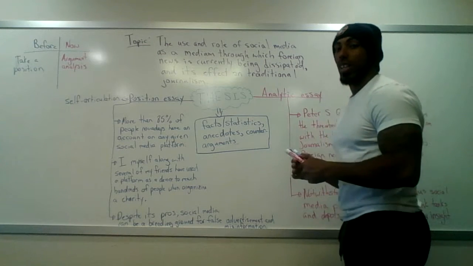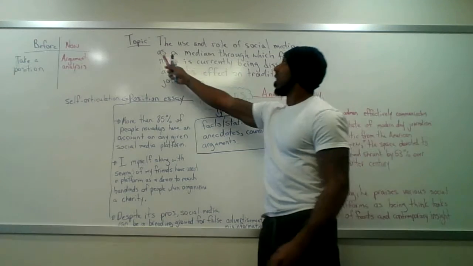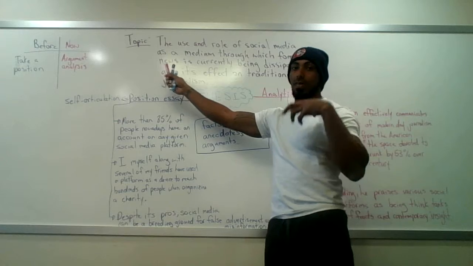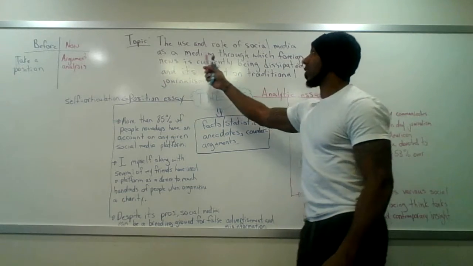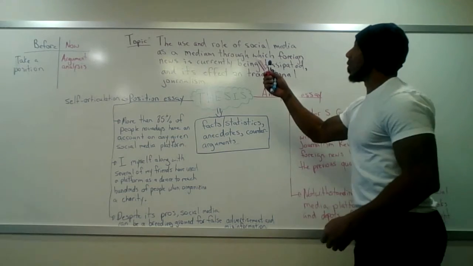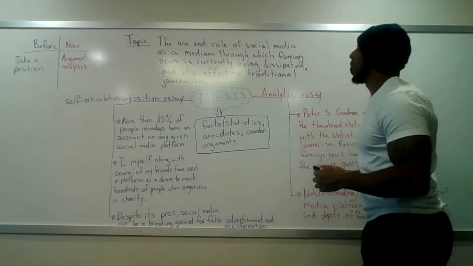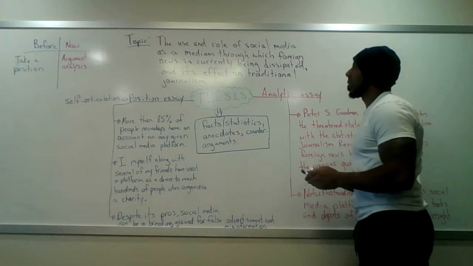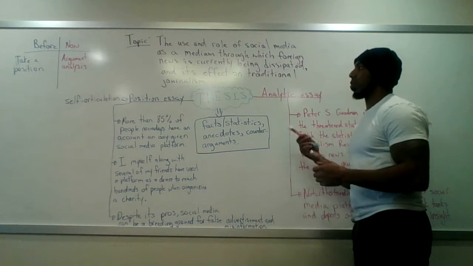Okay, so what I've done here is I've written the topic of the essay, this prompt that I found on the internet. So I'll just go ahead and read it to you. It says, the use and role of social media as a medium through which foreign news is currently being disseminated and its effect on traditional journalism.